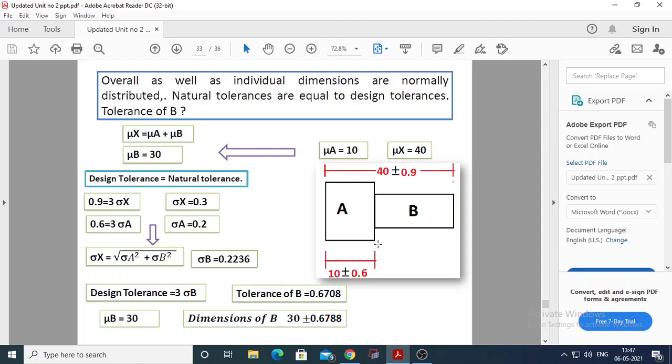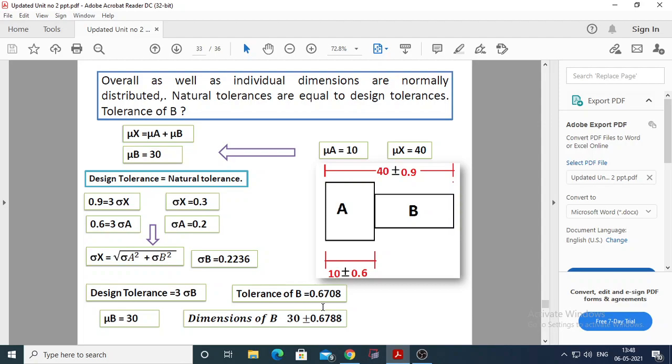You have to calculate the dimension of B. Again, you can use another method to find the dimension of B. There is mu B plus or minus 3 sigma B. What is mu B? 30, plus or minus 3 sigma B. What is the sigma B value? 3 into 0.22, you will get 0.6738. Okay, all of you getting this, how to calculate that value?